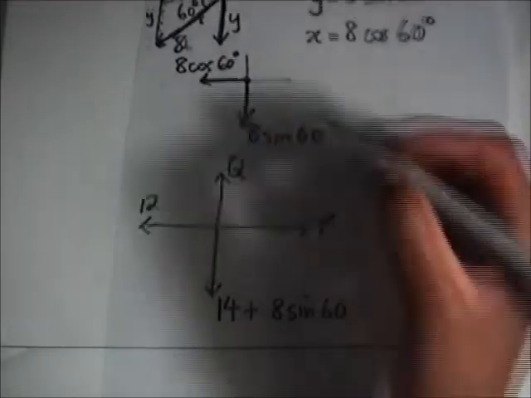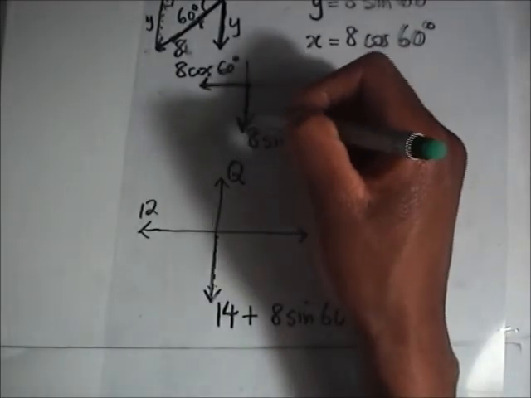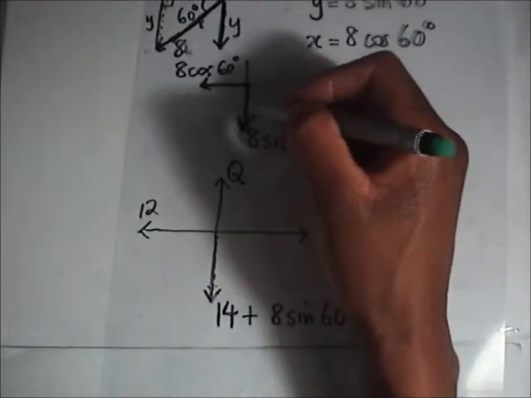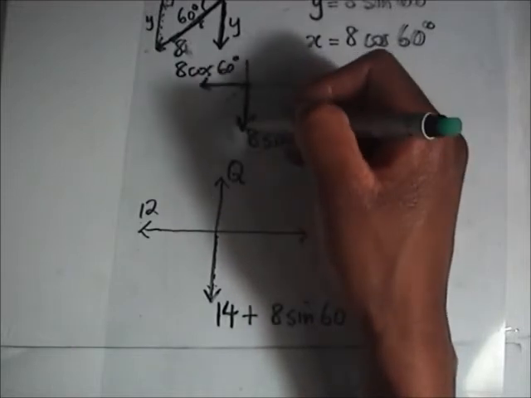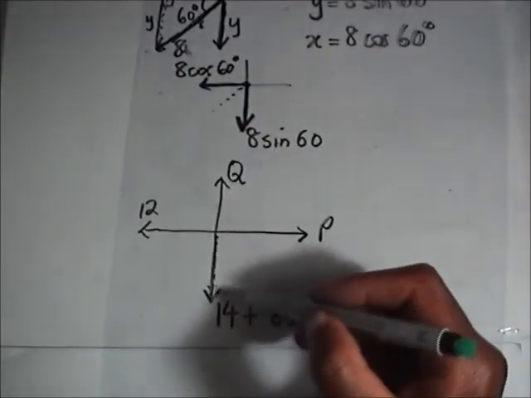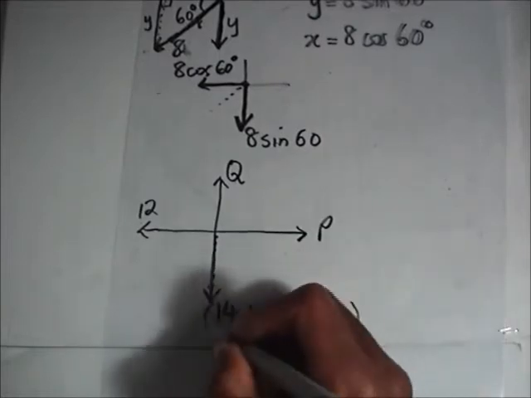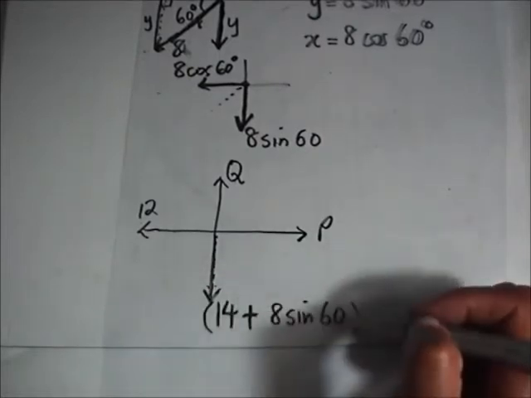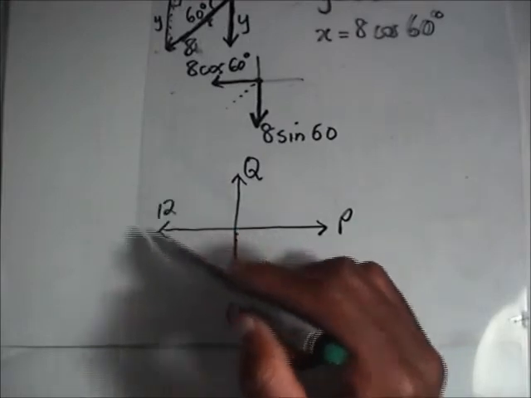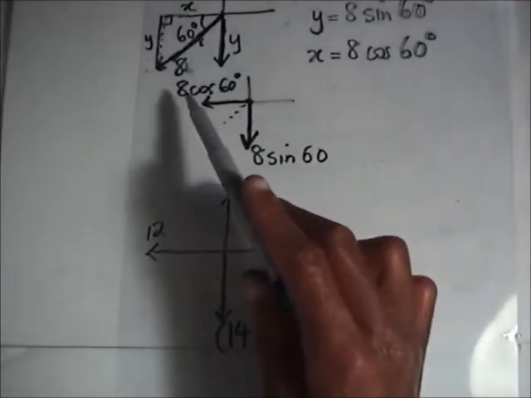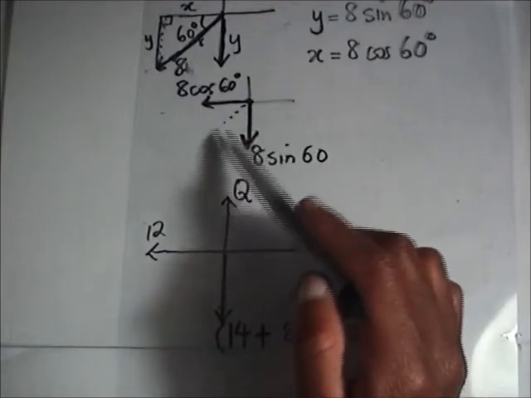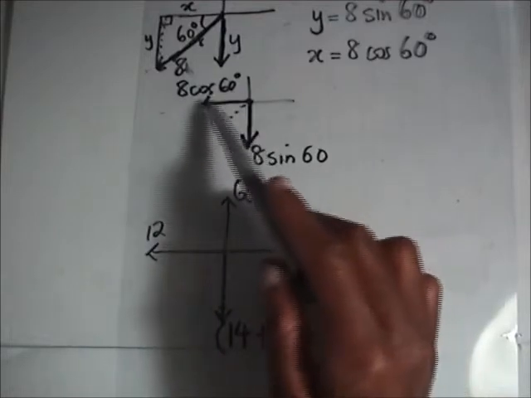These are the forces that are pulling vertically downwards. They are helping each other. The 8 sine 60, the component of the 8 Newton force, is pulling vertically downwards, but we also had a 14. So the total vertically downward force is 14 plus 8 sine 60. Same applies to the 12. We had 12 initially, but we now have an 8 cos 60, the component of the 8 Newton that is horizontally to the left.